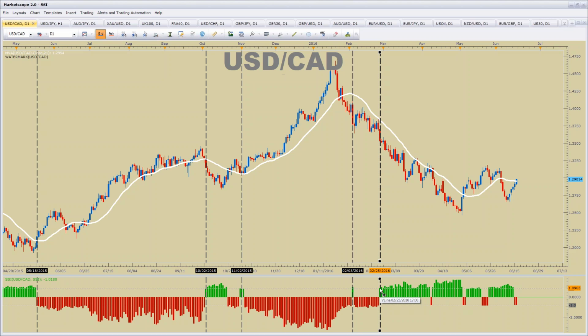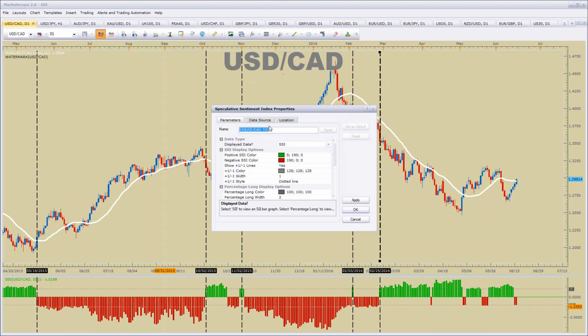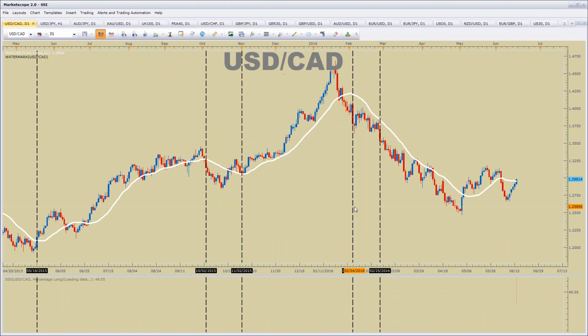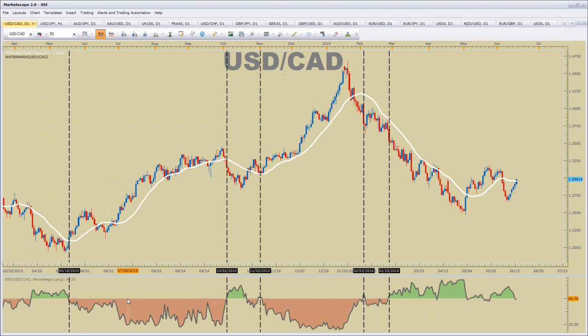Earlier I mentioned how others trade with SSI. Those flips are often one of the key things that are looked at, as well as changes in relative SSI positioning. That's where the percent long really comes in handy, that other way of viewing this. Let's let that load here.